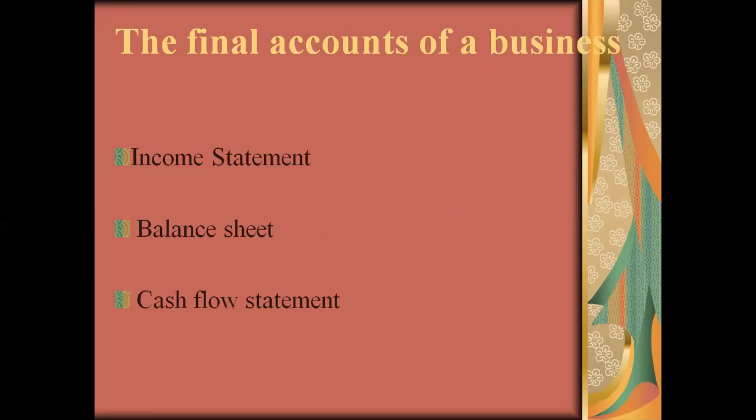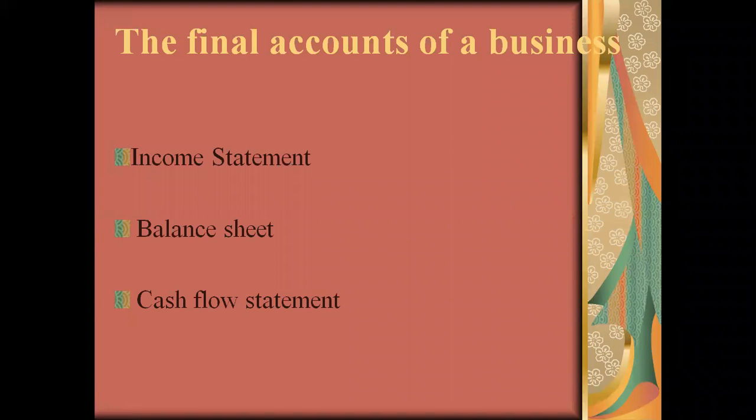Then the cash flow statement is also there. We drew the cash flow forecast in the earlier chapter. Cash flow basically keeps a record of how much cash is coming into the business and how much cash is going out of the business. You know how important it is to have a record of the cash, because at the end of each month you need to know whether you have a sufficient amount of cash available or not.